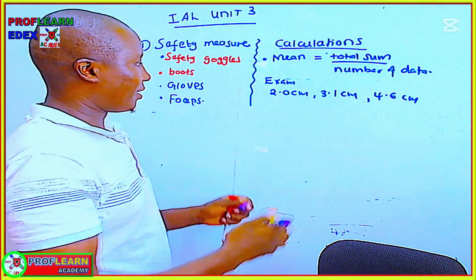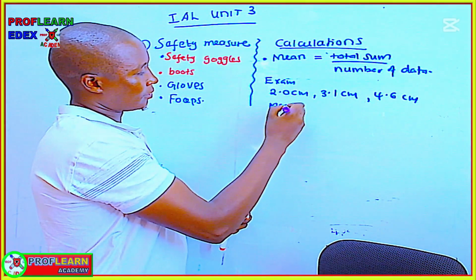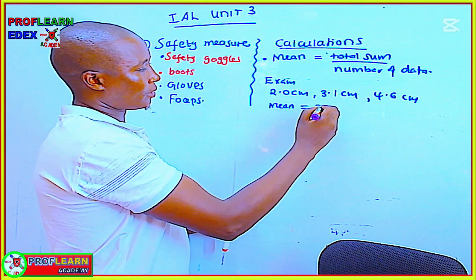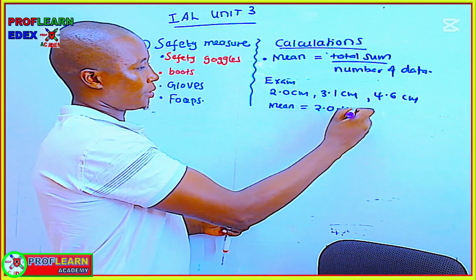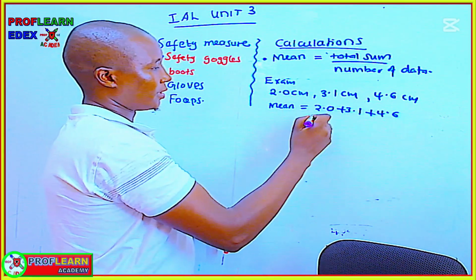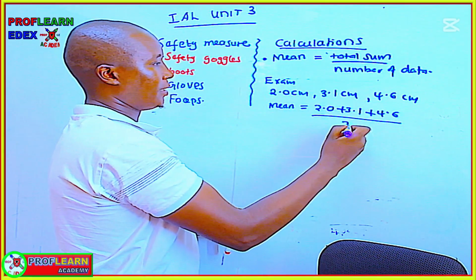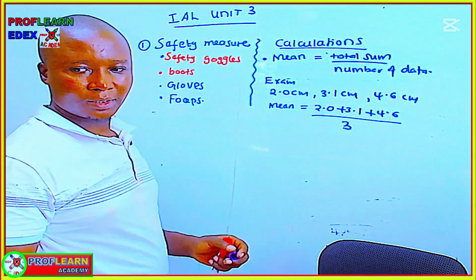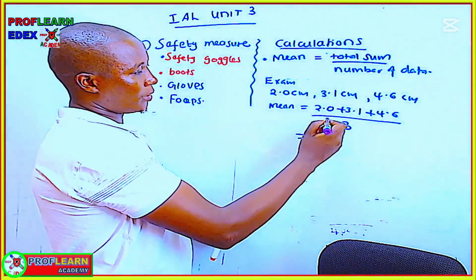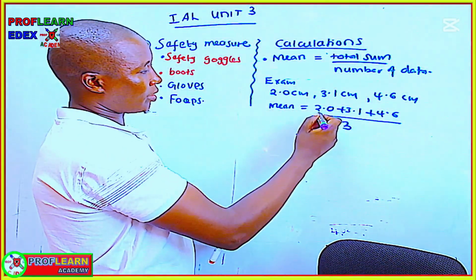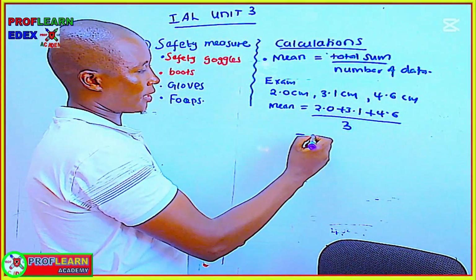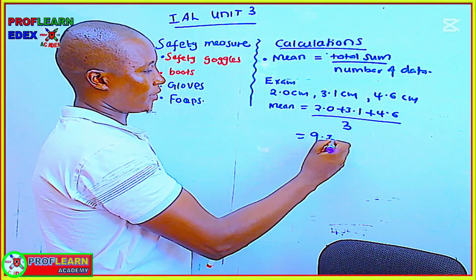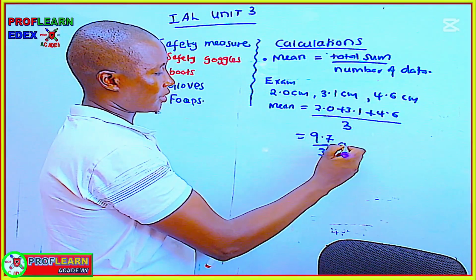To work out the mean, you are going to say mean is going to be 2.0 plus 3.1 plus 4.6 divided by how many are they? They are 3. So if you add all this, this is 5, you add 4, that is 9.7 over 3 centimeters.